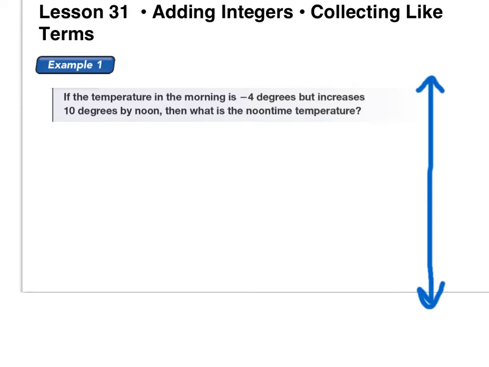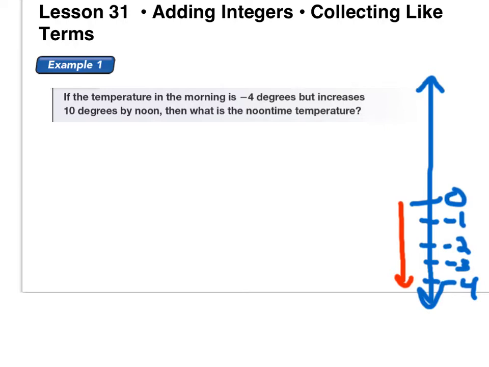Okay, well, if we put 0 here, we know the temperature in the morning is -4 degrees, so I need to go down to -4. And so, if I go down to -4, there's my temperature in the morning.